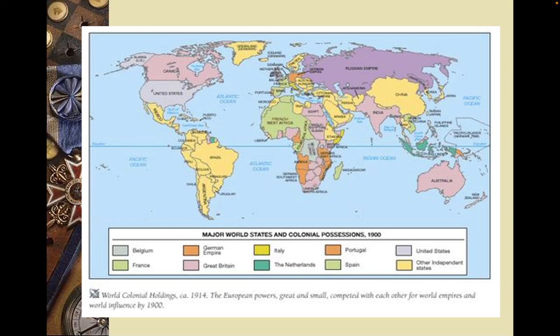Remember that scoreboard. When we look at the world in 1900, the world's pretty much been imperialized. But you still had to have that scoreboard growing. You still had to find new areas of markets, resources, investments, and foodstuffs.